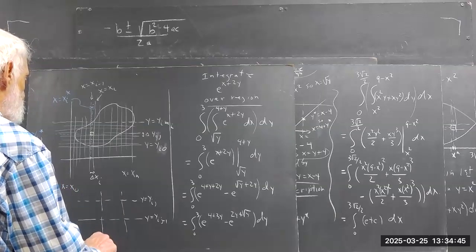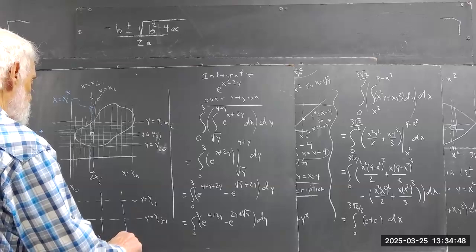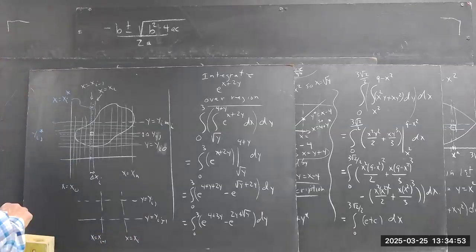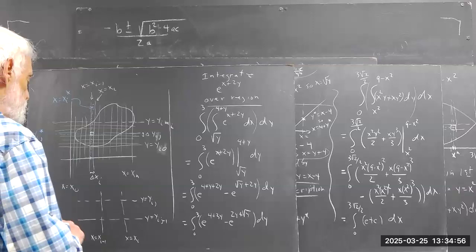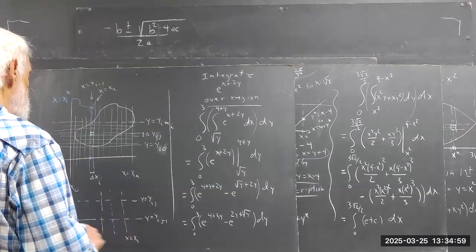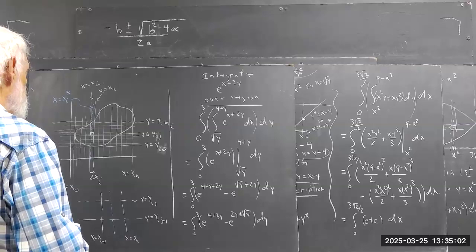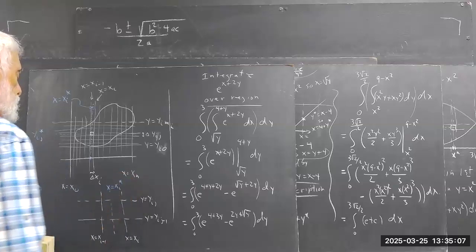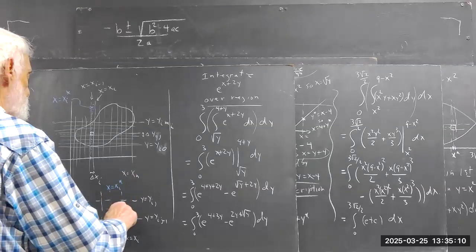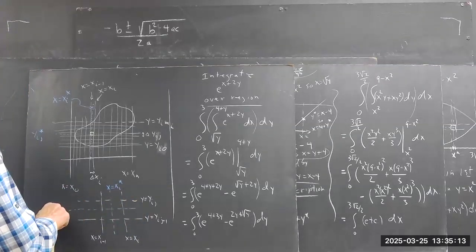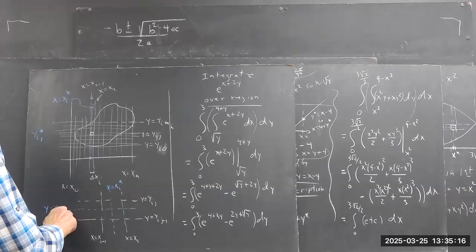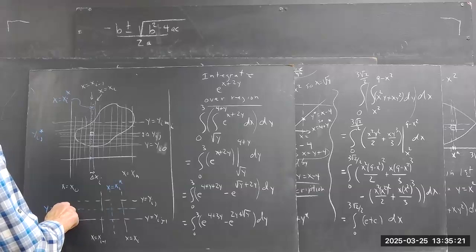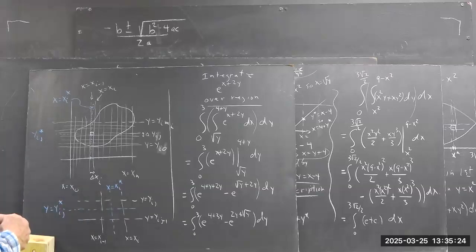We've got x equals x sub i minus 1 here, x equals x sub i here. We've got the line x sub i star and the line y equals y sub ij star.